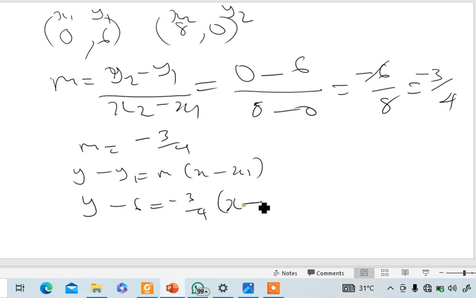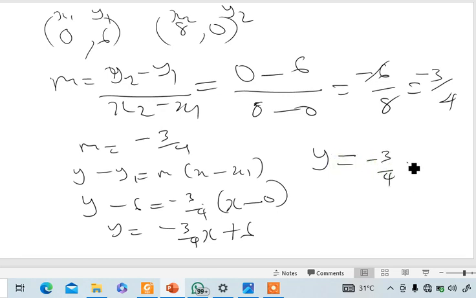So x1 is 0. Simplifying, y is equal to negative 3 over 4 x plus 6. These are the steps you're going to follow. Procedure is very, very important. Now this is just an equation. It's not yet an inequality.